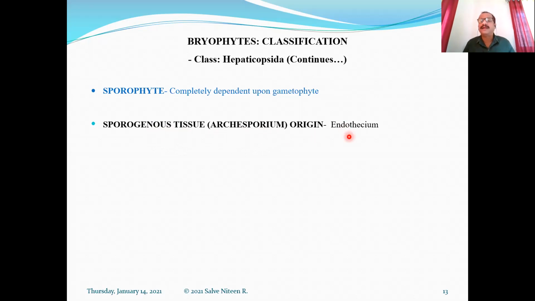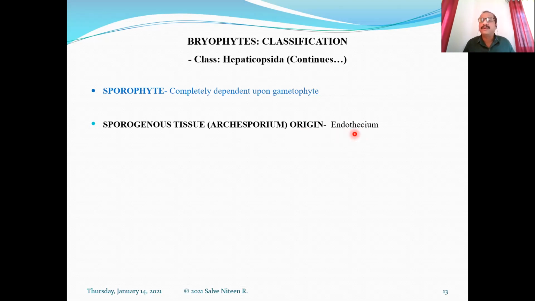That is another distinguishing feature of these different classes of Bryophyta. So here you remember in this class, Hepaticae, the archesporium or sporogenous tissue originates from the endothecium region of the embryo. Now, what is that endothecium region and how that origin takes place, that we are going to discuss later, after a few slides.